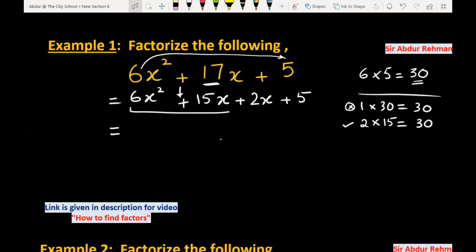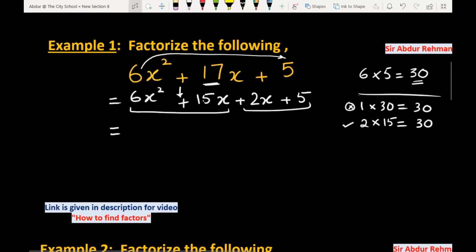Then by grouping, make groups and find out the common factor in each group. This is 6x squared plus 15x, so x is common here, and 6 and 15 are divisible by 3. So 3 is common and x is common in this group.